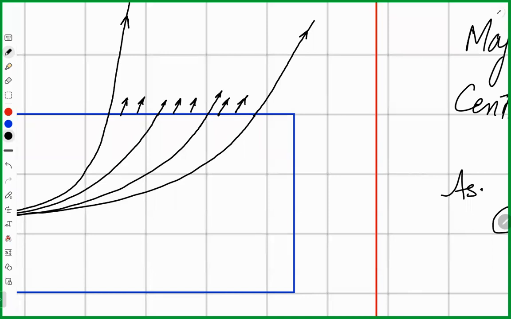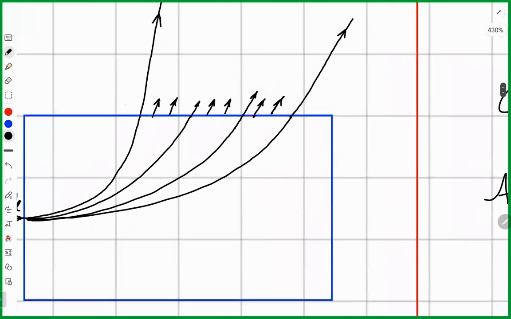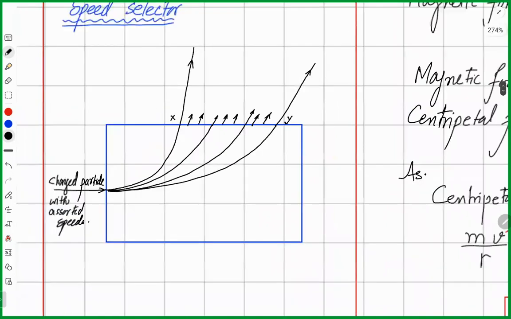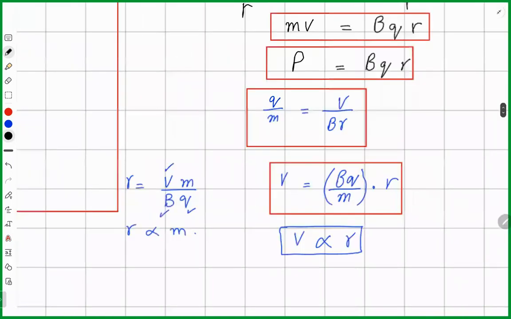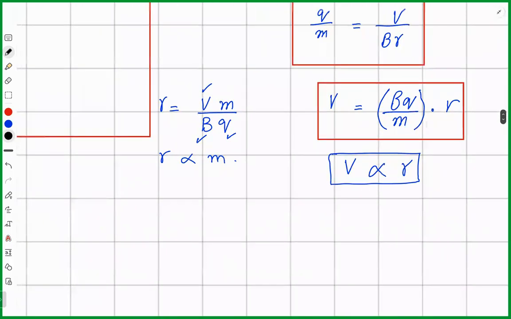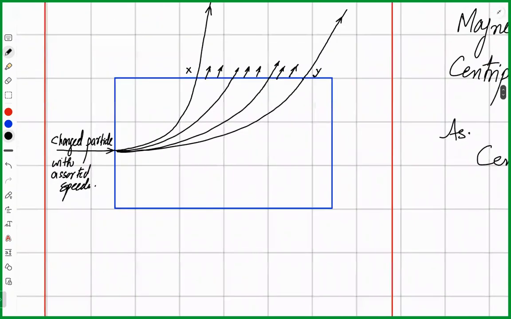Okay. Now, if this is X side and this is Y side, which particle can you guess is the fastest? If you recall the previous lesson, you will understand the speed and radius are directly proportional to one another. That means Y, because it is moving in a bigger arc.